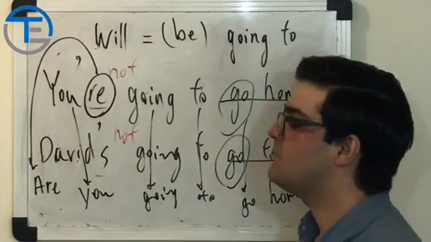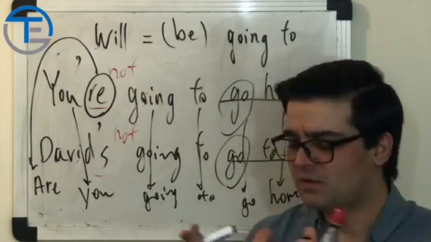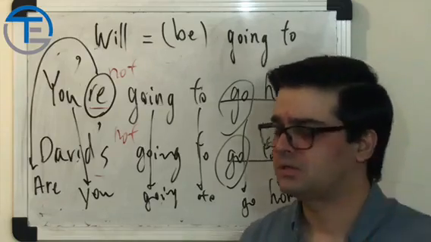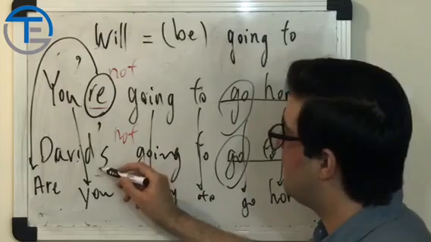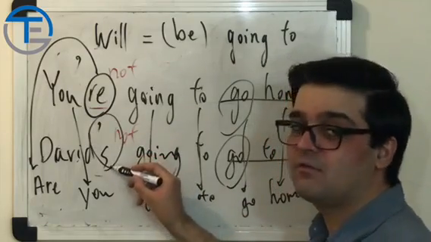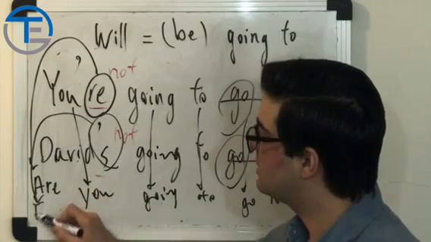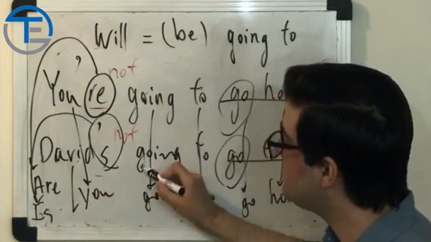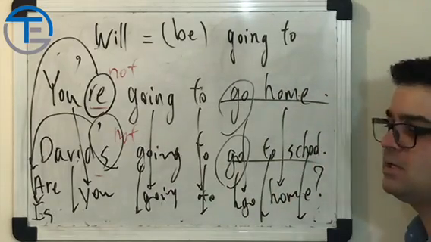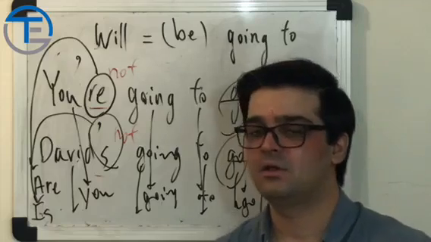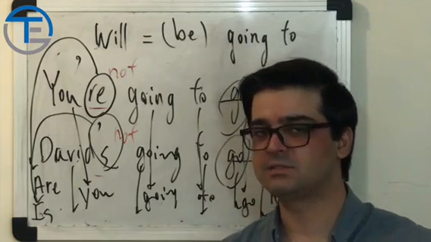Yes, I am. No, I am not. Or no, contracted, I'm not. For this sentence, you can make a question. Here the verb be is. Start. Is David going to go to school? Yes, he is. For negative, you can use contraction. No, he's not.